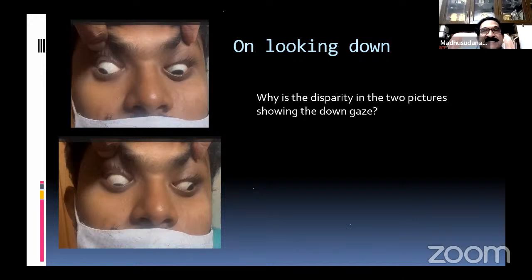On the upper part he is fixing the left eye, neglecting the right. On the lower part he is fixing the right eye, neglecting the left. That again shows he is not fixated. After some time he fixes the other eye also. That is why in the previous picture the deviated eye is different at different times. This is called alternate fixation.